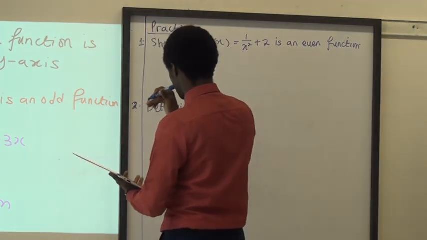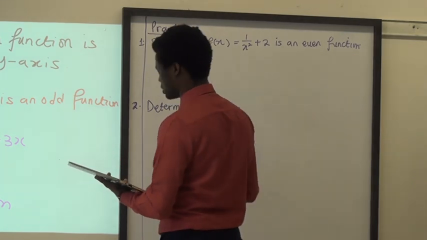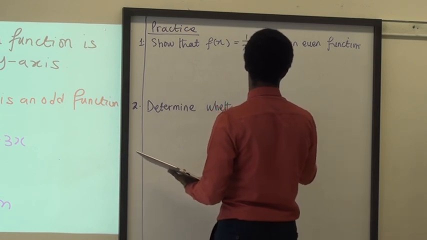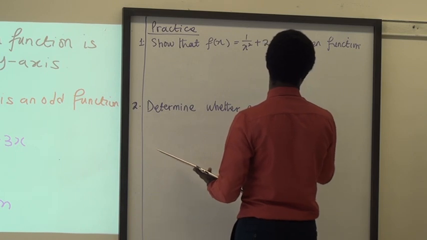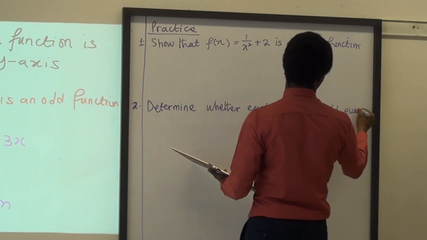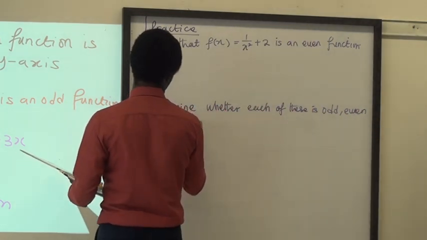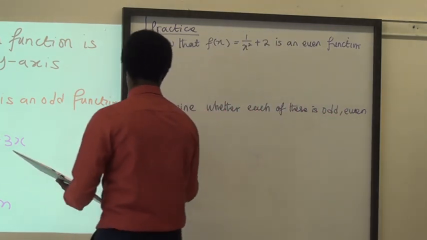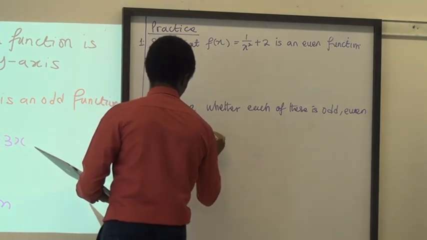So I want you to look at some problems from number 4. Determine whether each is odd, even, or neither. So I'll write some of them out. Let's pick B, which is f of x equals negative 4x plus 3.